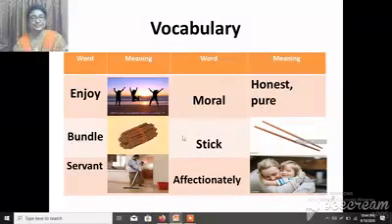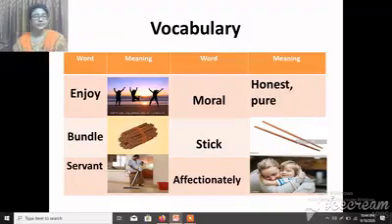The next word is stick. This is stick. And two or more sticks, when tied together, make a bundle. This is a stick and this is bundle. The next word is servant.